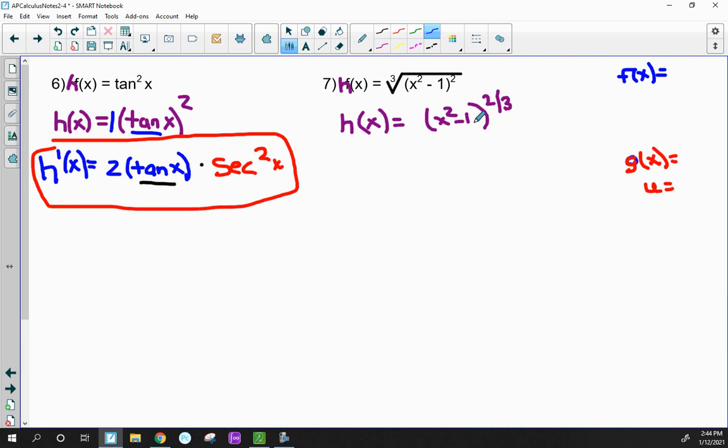The outside rule is something to the 2/3. And that definitely, we can find a derivative for that, for sure. The inside rule is that piece. So the u here is x squared minus 1.